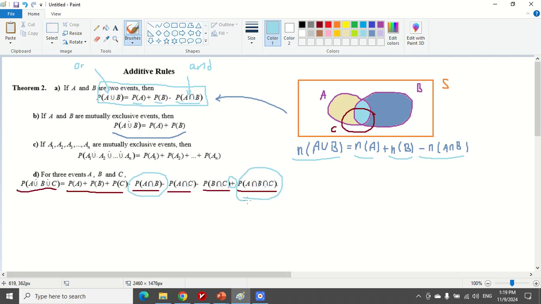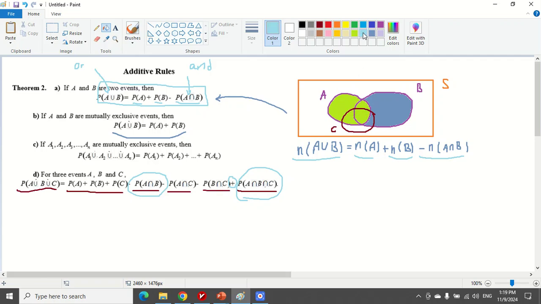It's very easy to prove this theorem by looking at the shape of the cases that we have there. If you take a look at the shape that we have for 3 events, if I shade the event A with green, as you can see, it contains all these 4 parts.